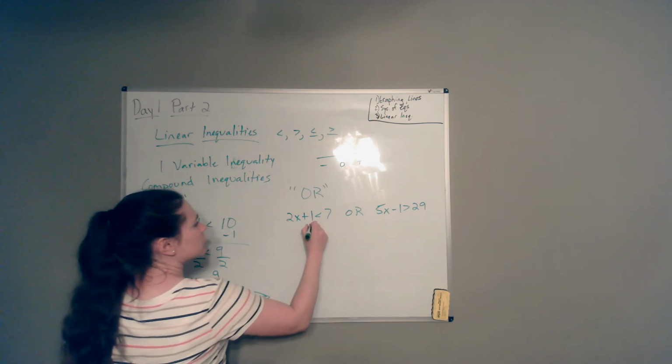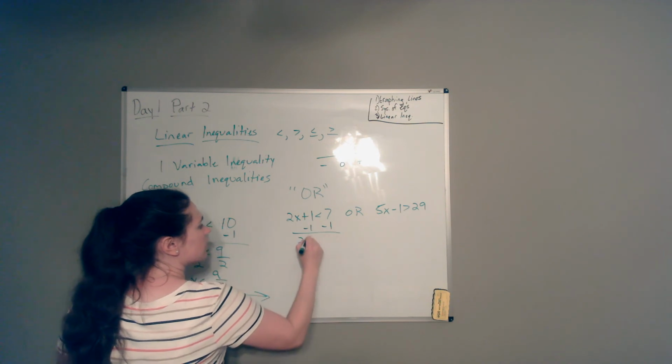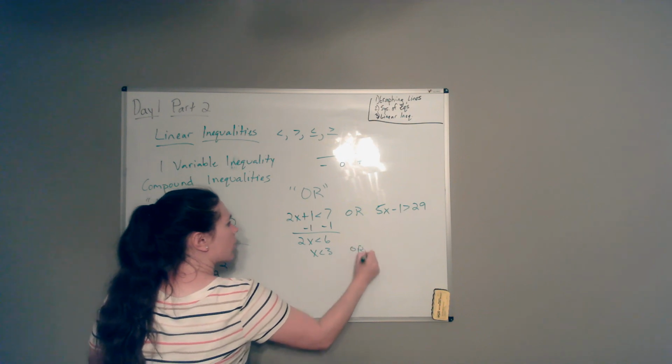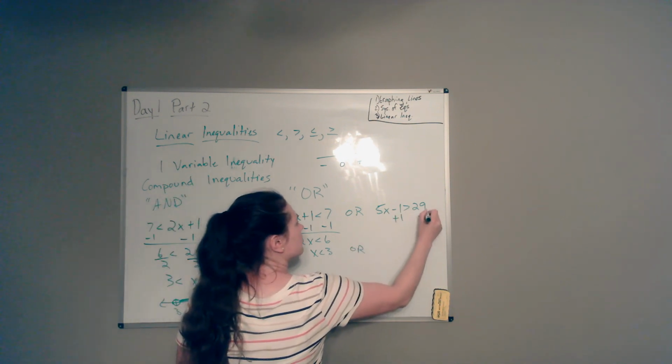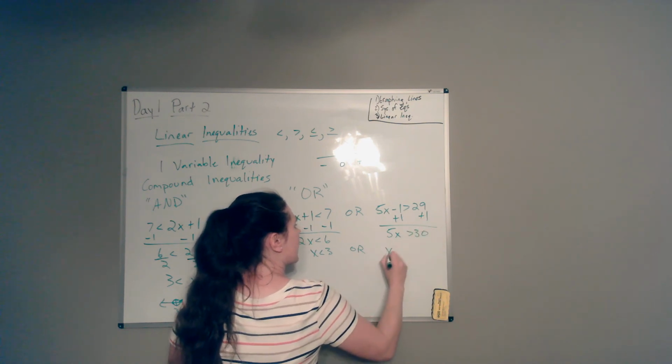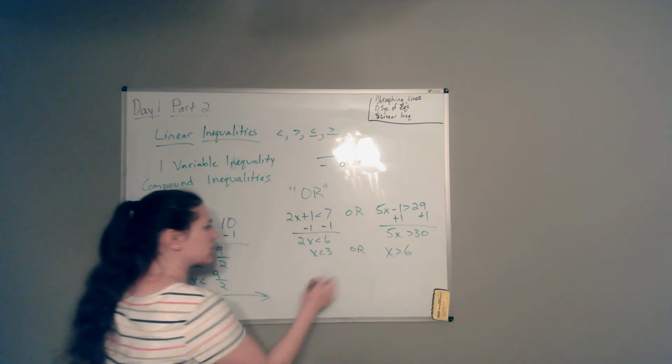So we're just going to solve these separately. If I subtract 1 on both sides, I get x is less than 3. Or if I add 1 to both sides, I get 5x is greater than 30, so x is greater than 6, and it's an "or."